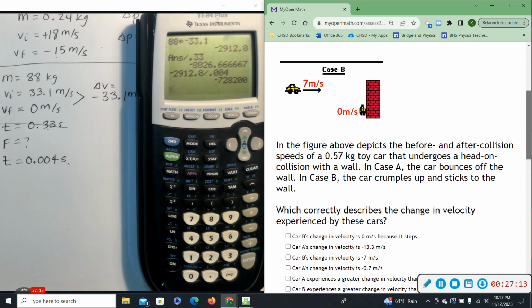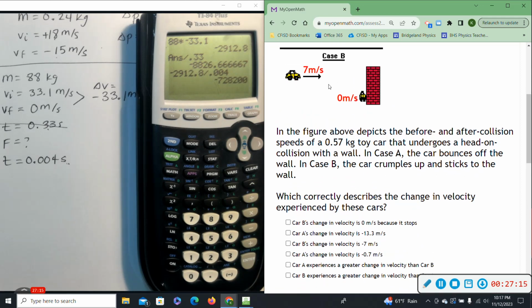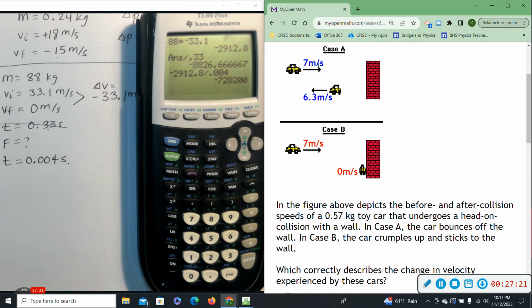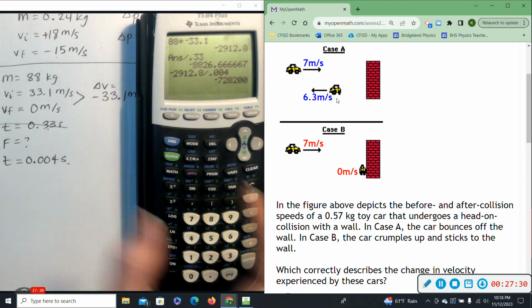Okay, well, case B, change in velocity is -7. You go from 7 to 0. That one's easy. Case A, my change in velocity is not 0.7 because it's not going from 7 to 6.3. It's going from 7 to -6.3.